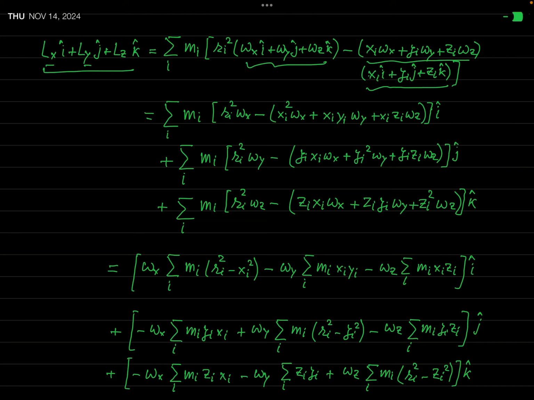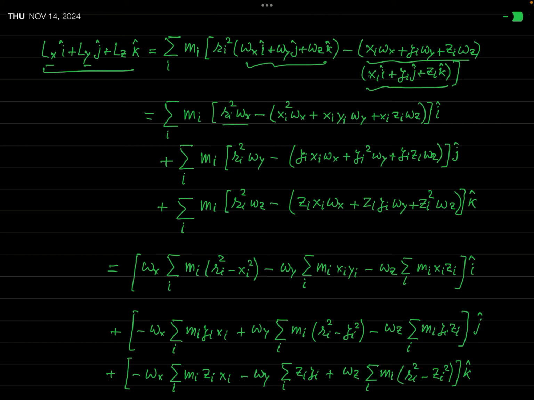First of all, we will associate all those terms in which i is a common factor. The unit vector i is present in several terms, and you have to collect all those terms which are associated with i. So you can see the first term associated with i is Ri square omega x, which I have written here.